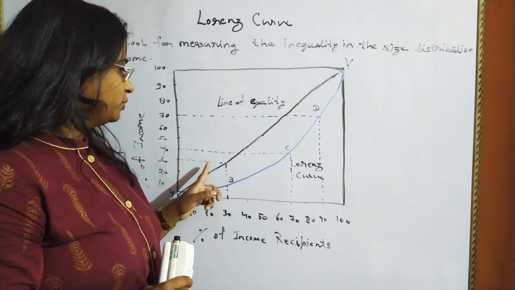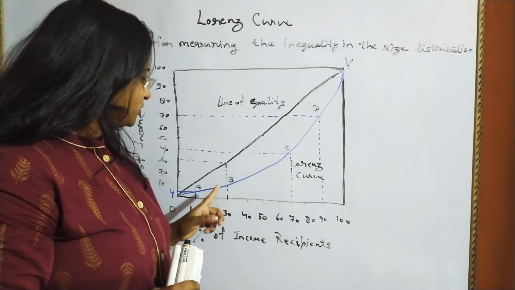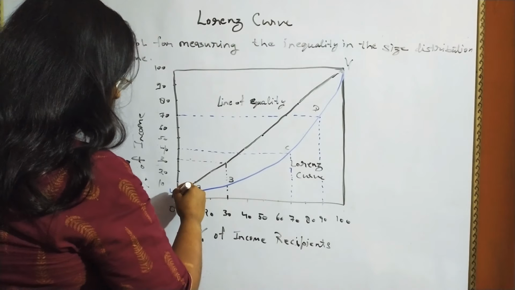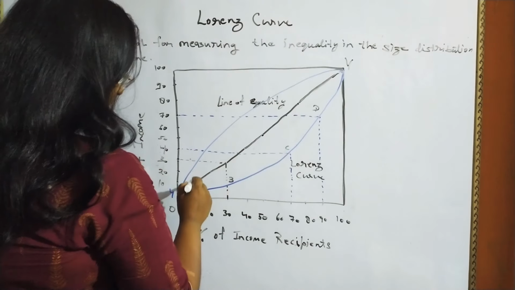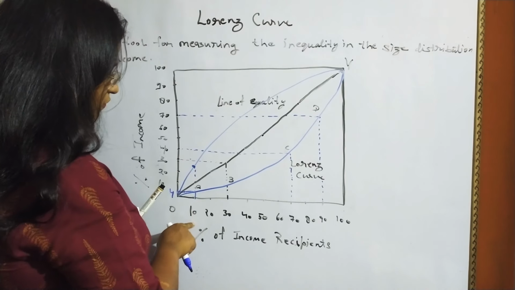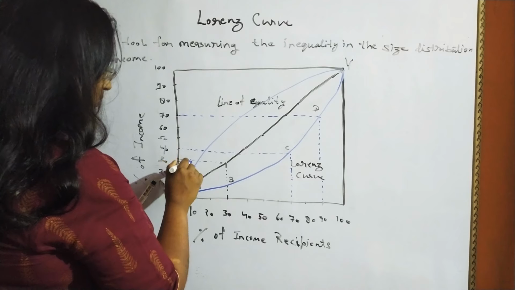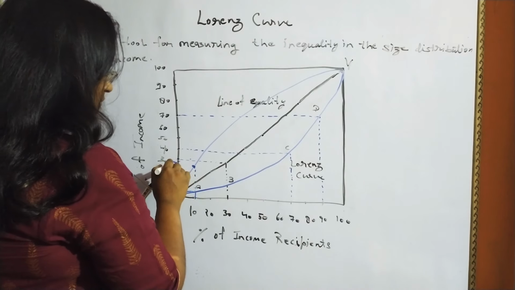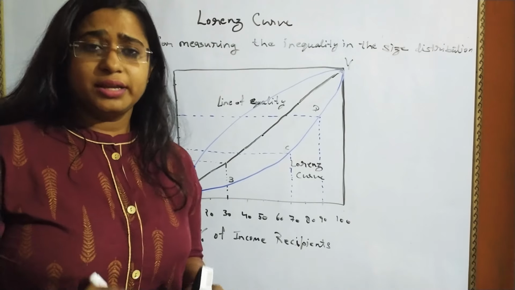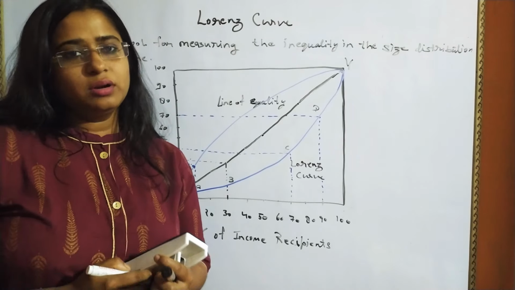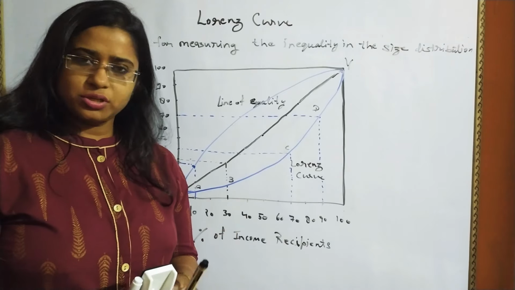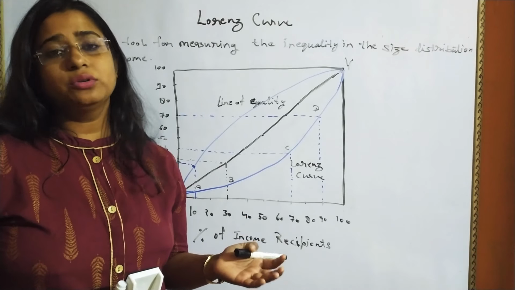If the Lorenz curve were above this line, say like here, at this point 10% of the population would earn around 28 to 30% of the national income. So they would be no longer poor population of the society. So the very assumption of the Lorenz curve would be proved wrong.